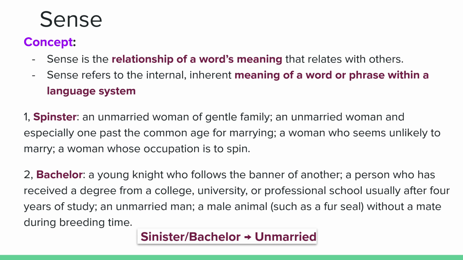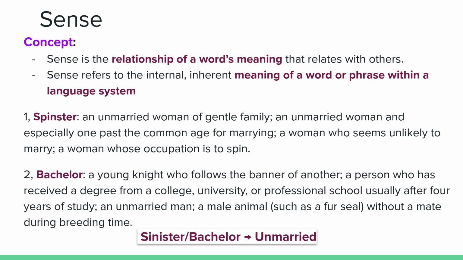Let's look at sense. The concept of the term sense in the phrasal and sentential semantics is the relationship of a word's meaning that relates with others, and it refers to the internal, inherent meaning of a word or phrase within a language system.